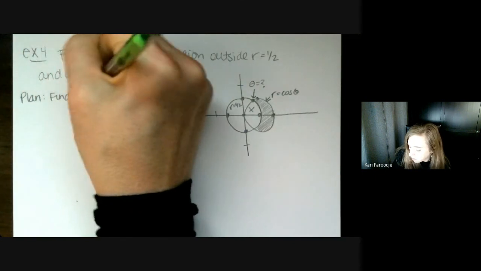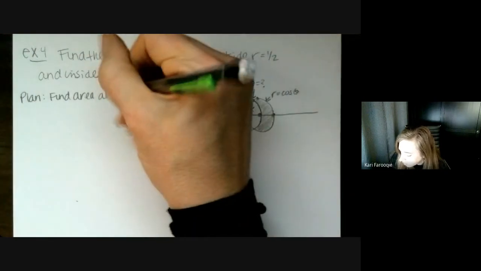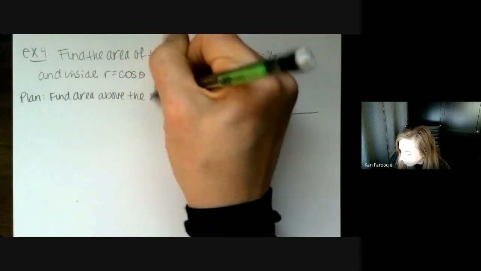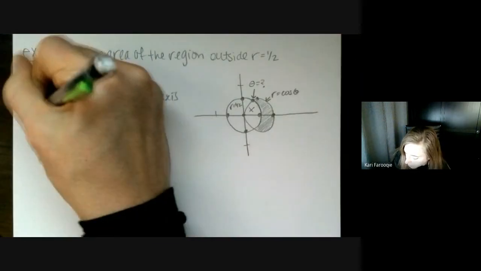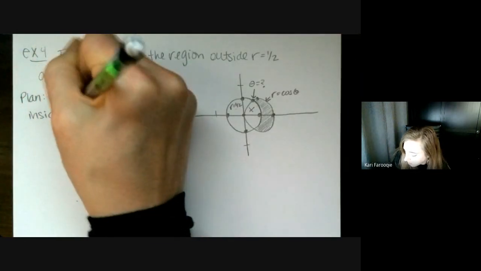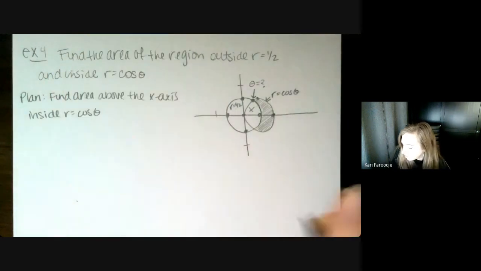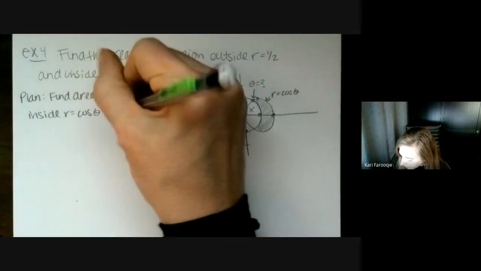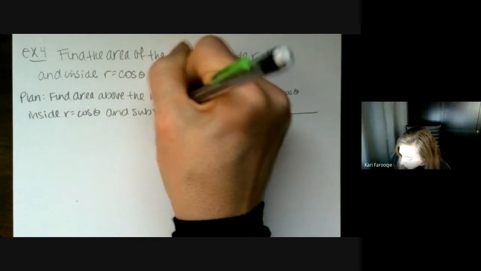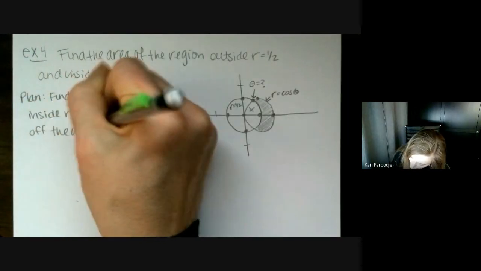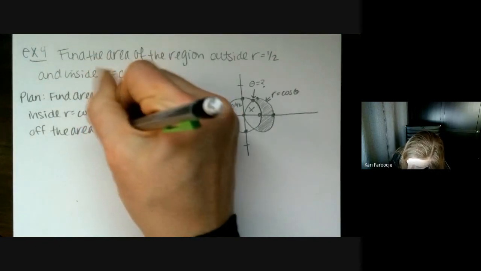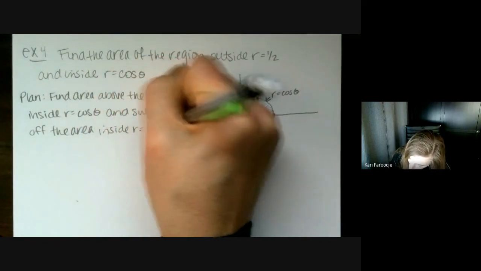So we are going to find the area, let's say above the x-axis, that is inside r equals cosine theta, and subtract off the area inside r equals a half.